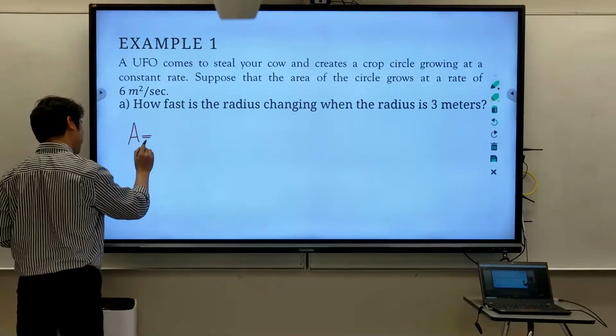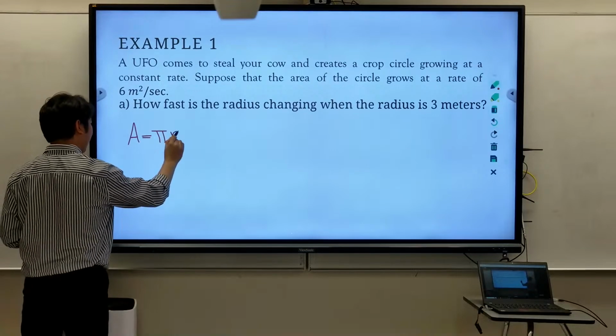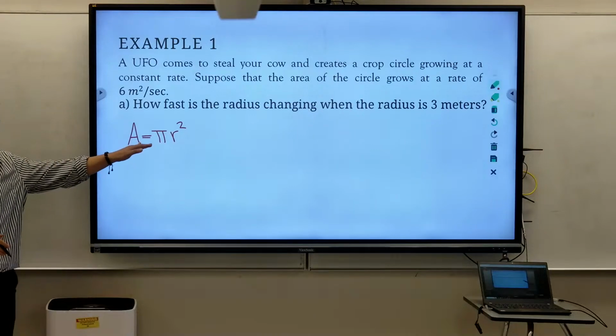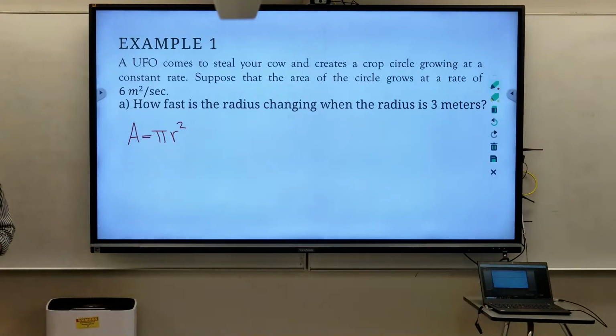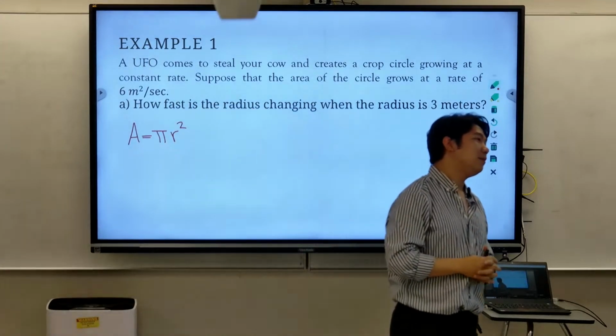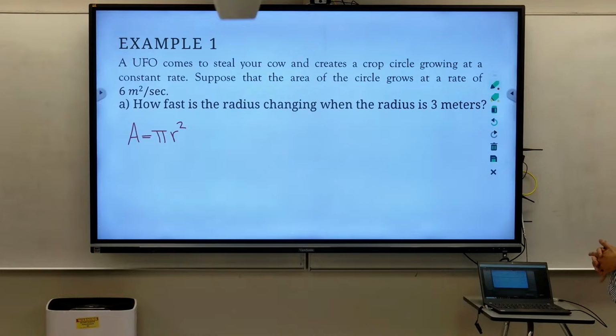Area is equal to pi r squared. And just so everyone knows, this is how I write my pi's. I don't put the little squiggly line for it. All right, so it was important that I talked about how area and radius is related.